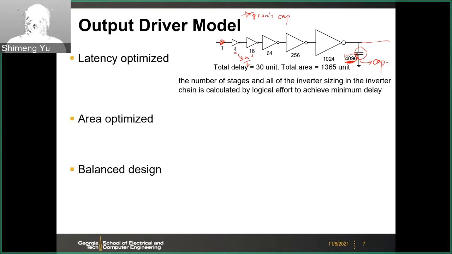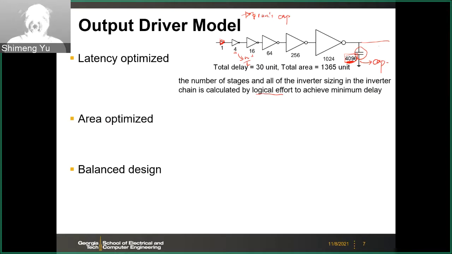If you lump all those parasitic caps into this node, you have like 4096 unit cap. So if you want to drive this, if you review your VLSI courses, then the number of stages and the inverter sizing has some optimized value. This is calculated by your logic effort.